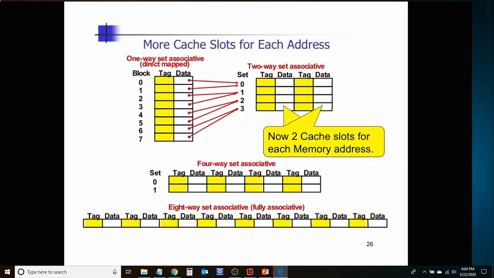In general, an n-way set associative cache will consist of a number of sets. Each consists of n blocks. An n-way set-associative cache implies n blocks or n slots in a number of sets.